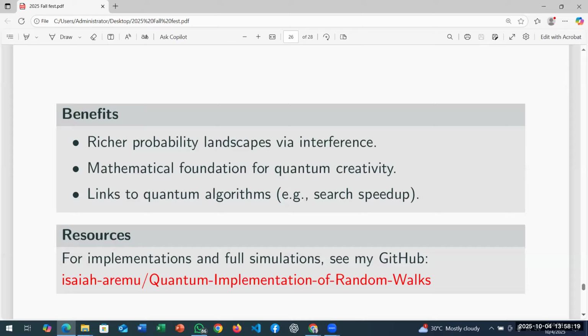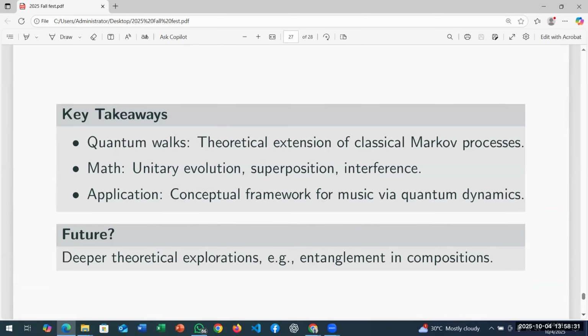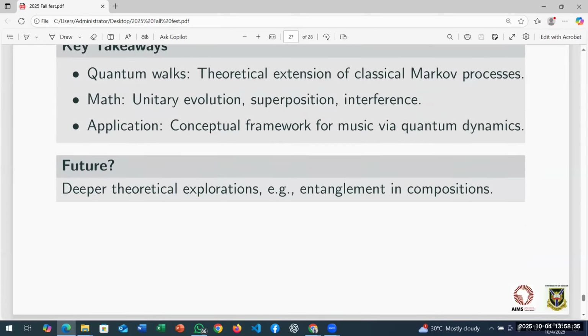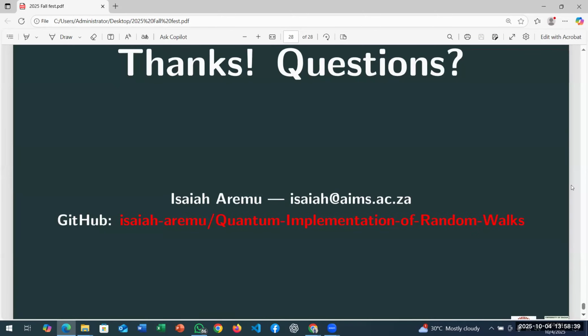And also there is a particular link to quantum algorithms. So I think I will stop now, provided there is a question. Thank you for listening.